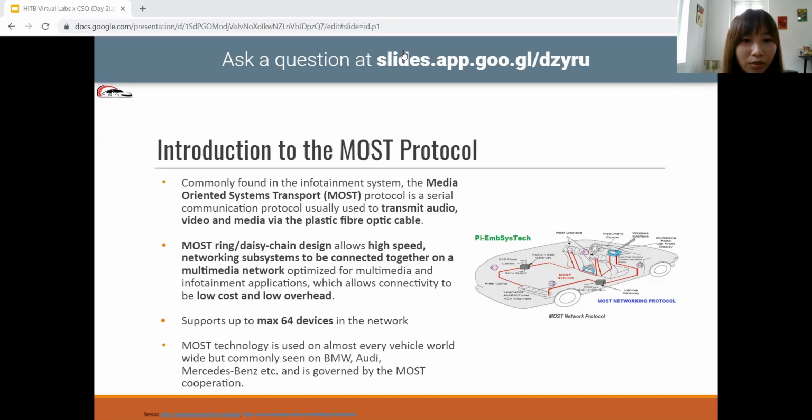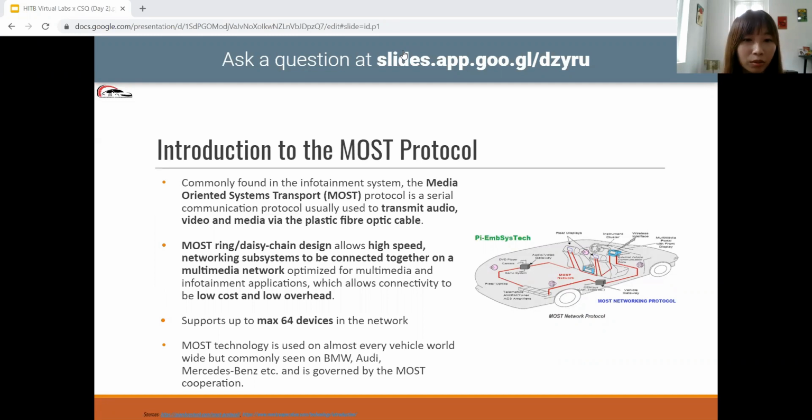And then it can actually support low-cost and low-overhead connectivity. And the good thing is it can support up to 64 devices maximum in the network. MOST technology is commonly seen in, again, BMW, or newer vehicles; Japanese-make and Korean-make vehicles do have that as well.